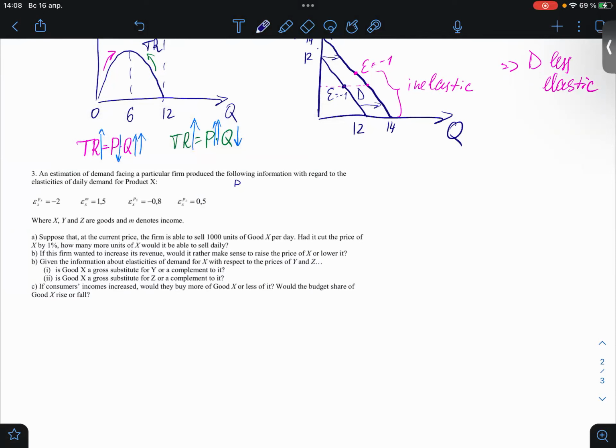An estimation of demand facing a particular firm produced the following information with regard to the elasticities of daily demand for product X. So, the elasticity of good X by the price of good X equals -2. What does that mean? That means that the demand is elastic, a strong reaction, because by module, the reaction is bigger than 1. So elastic demand.